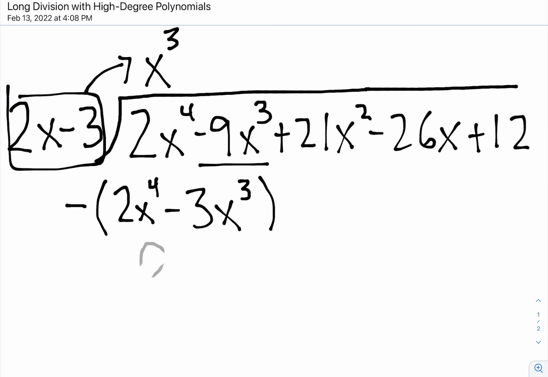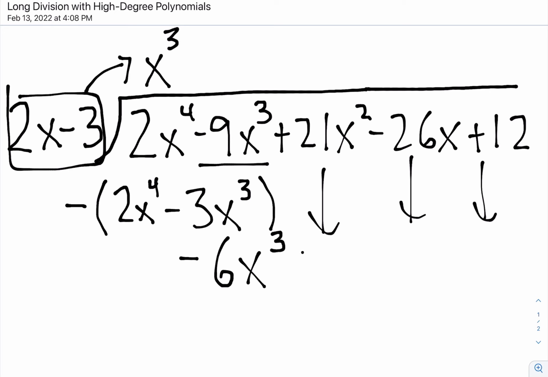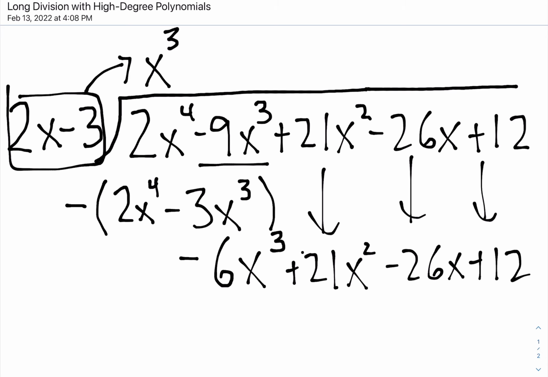I'm going to get rid of this 0 because it's not even there, and we get negative 6x cubed. Then we bring these numbers down for the ride: minus 26x plus 12. That's the first step.